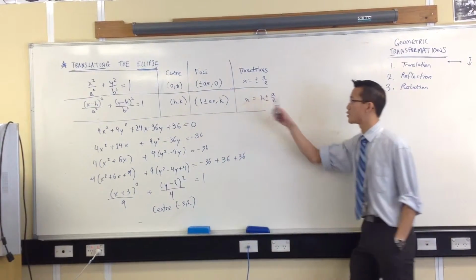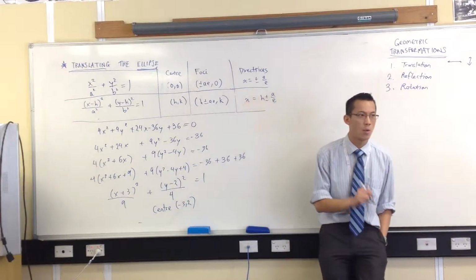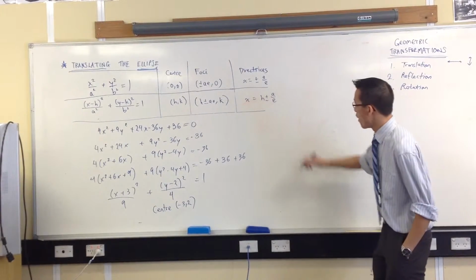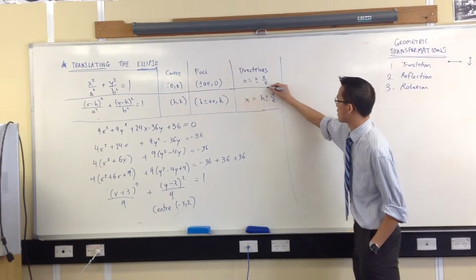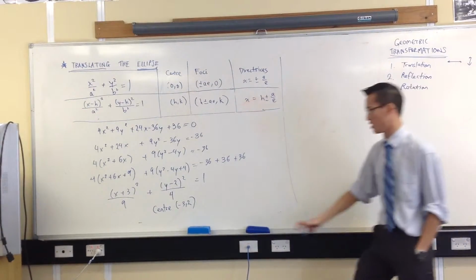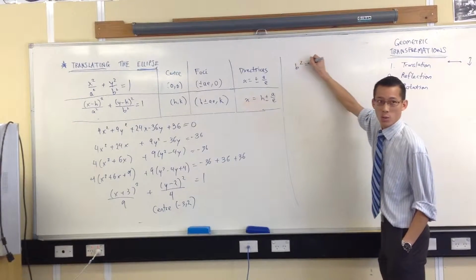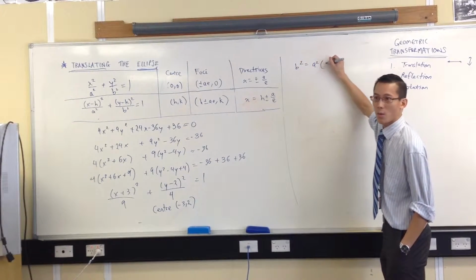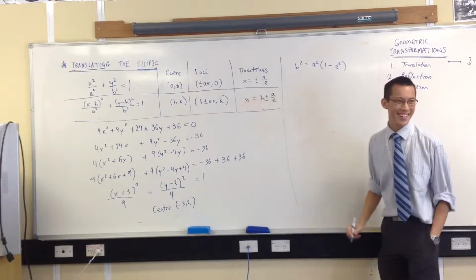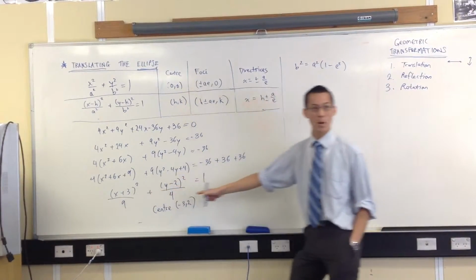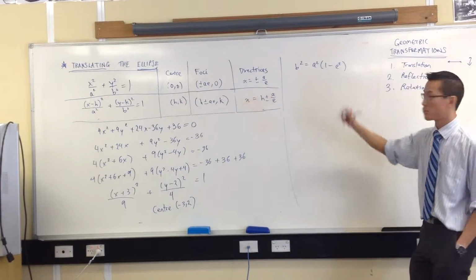But to get the foci and the directrices, I'm missing a piece. What piece am I missing? I'm missing the eccentricity. So which important thing did we use to find the eccentricity of something like this? b squared equals a squared times 1 minus e squared. We have our a squared and our b squared, they're right there. So let's stick them in, shall we?